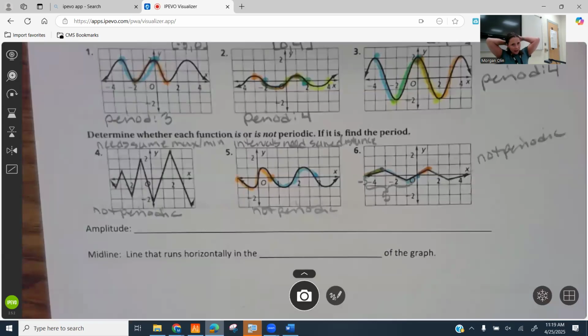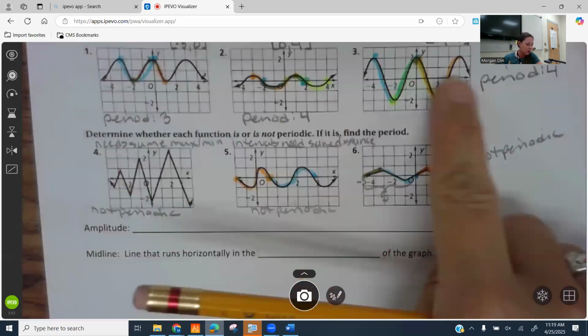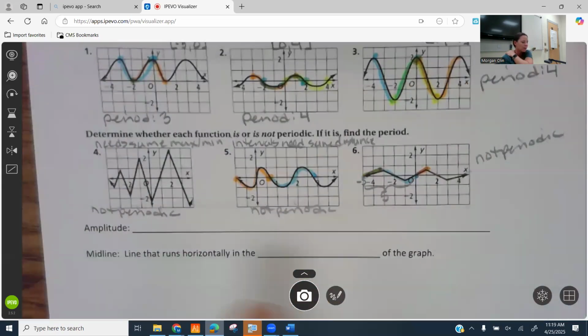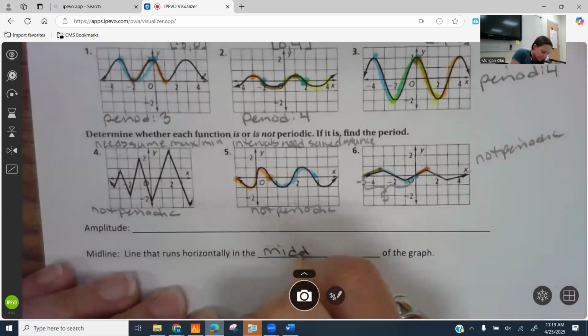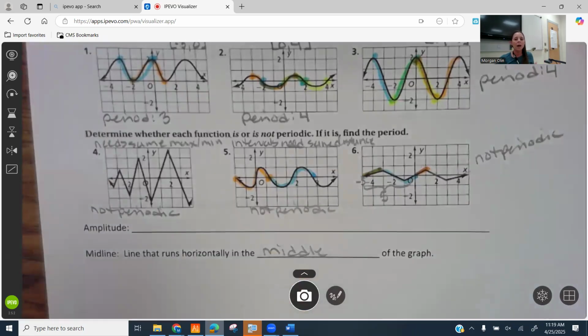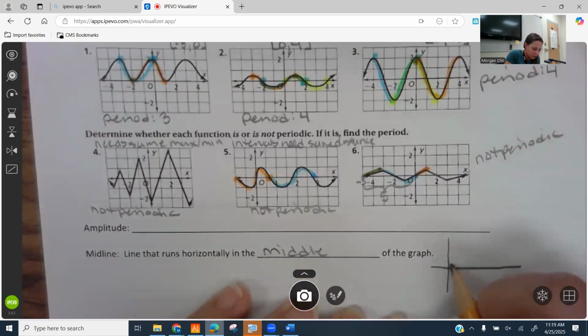Now I've got some other words right here, and I'll use some of these up here to talk about it. I'm going to start with midline first, and then I'm going to go to amplitude. A midline is a line that runs horizontally in the middle of the graph. Well, what do I mean by that? Sometimes your periodic function is going to look like this.